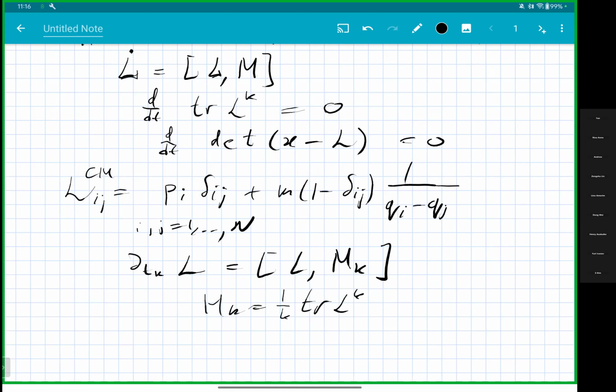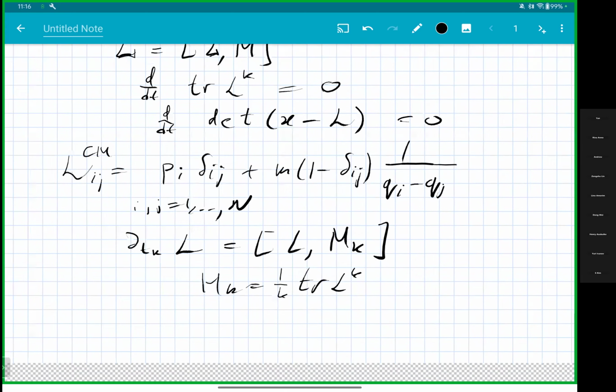Actually there exist other Lax matrices for Calogero which are of bigger sizes. The problem is that you can, of course, write h_k equal to 1 over k of the trace of the power, which is good. But where is the symplectic manifold on which the h_k are commuting functions?